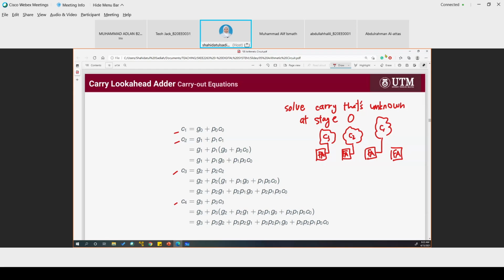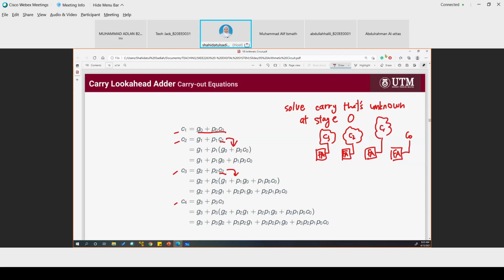We're going to use the carry that we know from the start, which is C0. And we have seen this last week. So we can expand each of the equations, C1, C2, C3, C4, by replacing the C2 in C1 with this value.